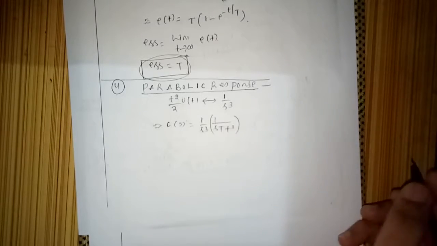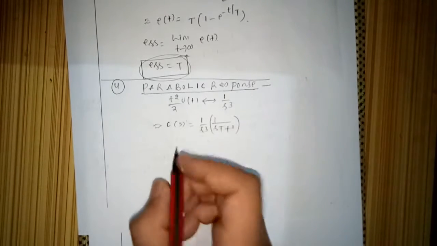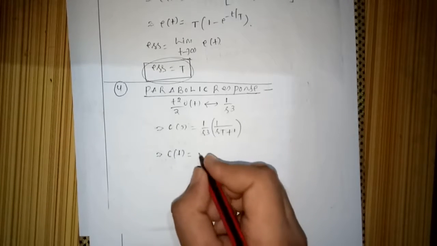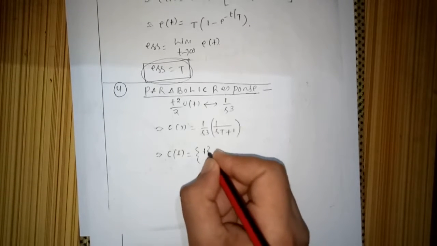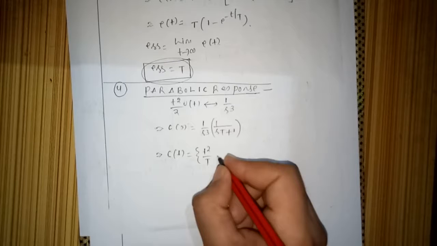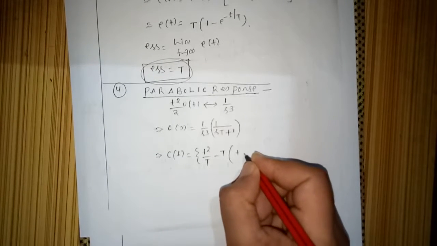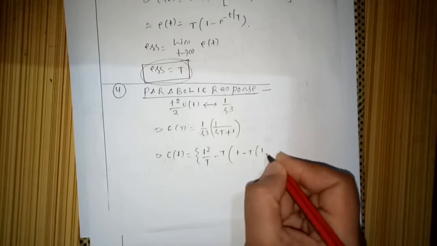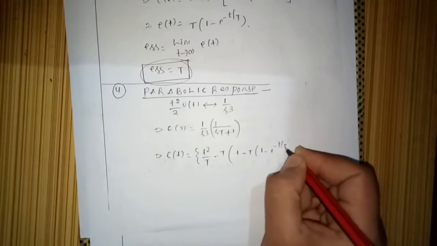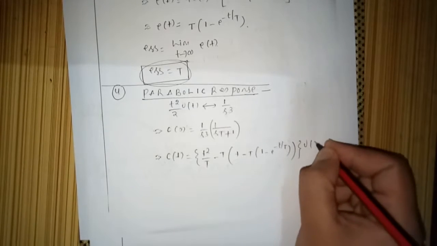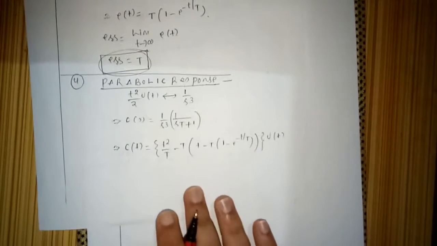And if I take its partial fraction and then we solve for it, what I get is c(t) is equal to t square by 2 minus T t plus T square times 1 minus e to the power minus t by T, and here it will be closed, u(t) for causal system, right?